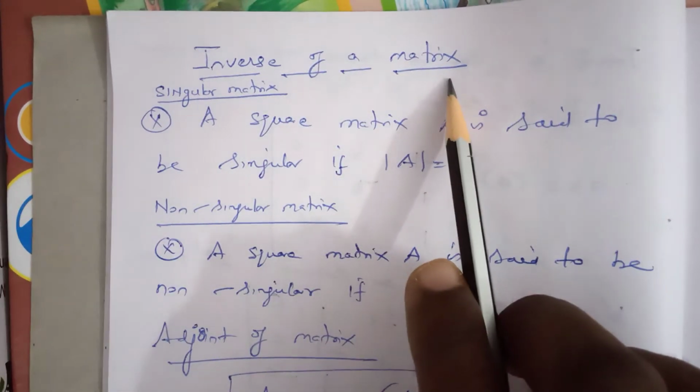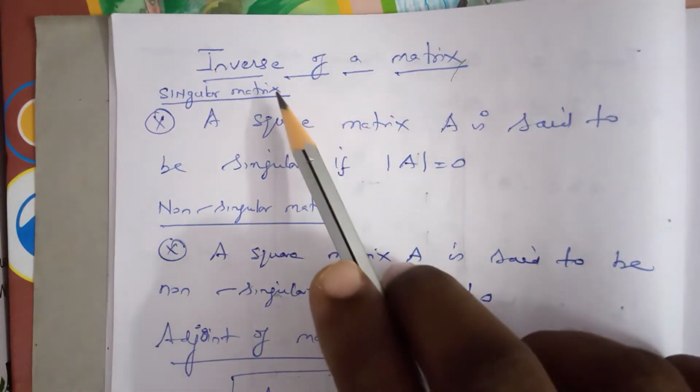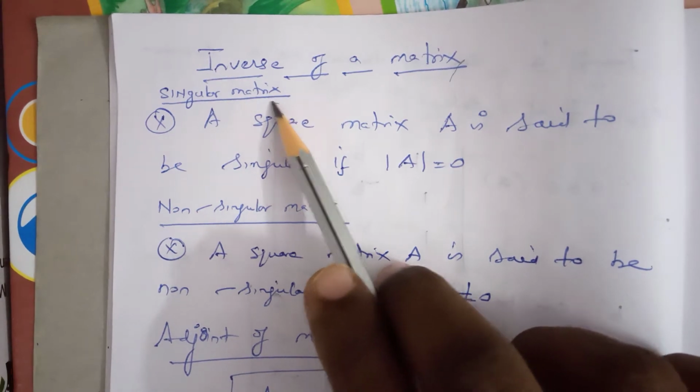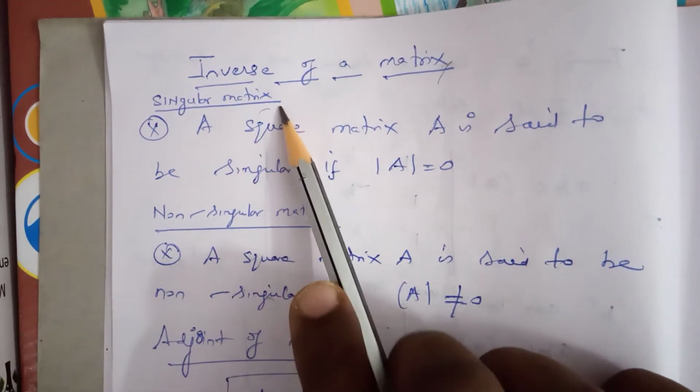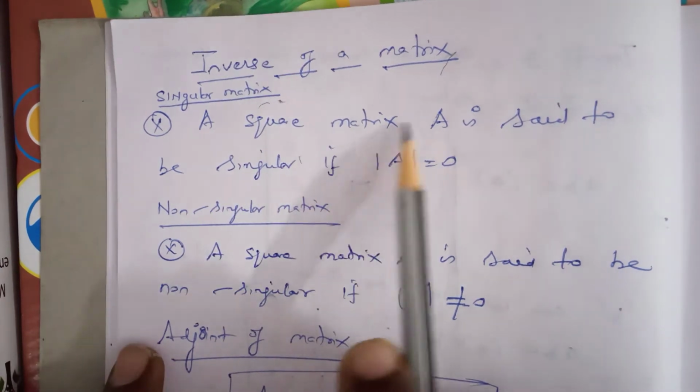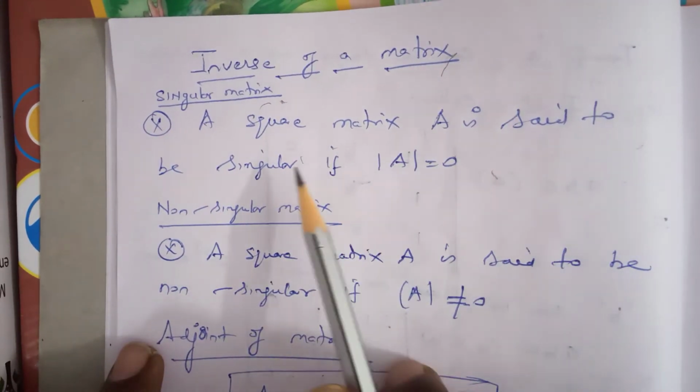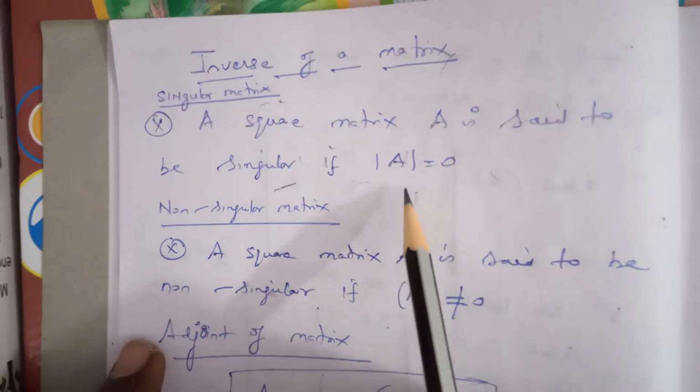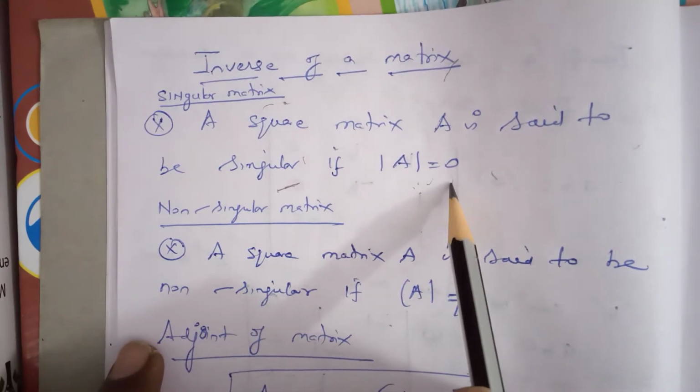Inverse of a matrix. First definition, singular matrix. A square matrix A is said to be singular if determinant of A equals 0.